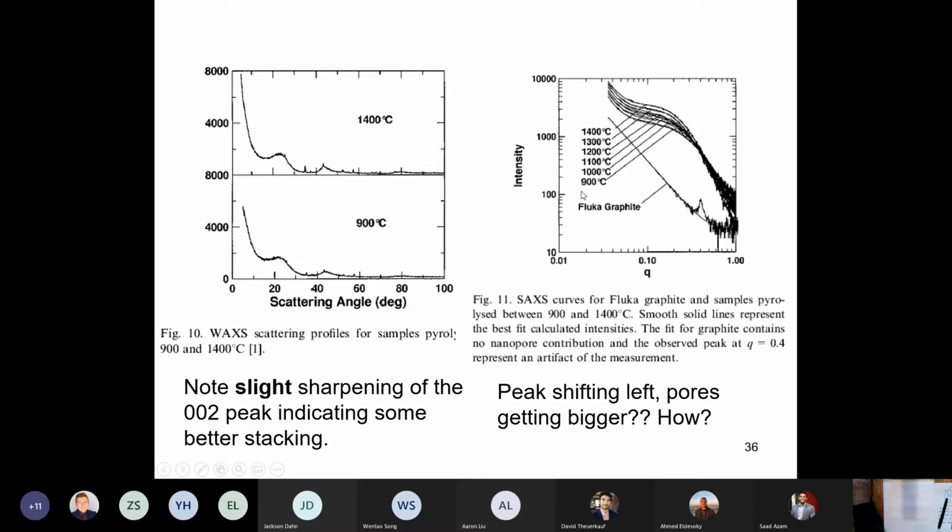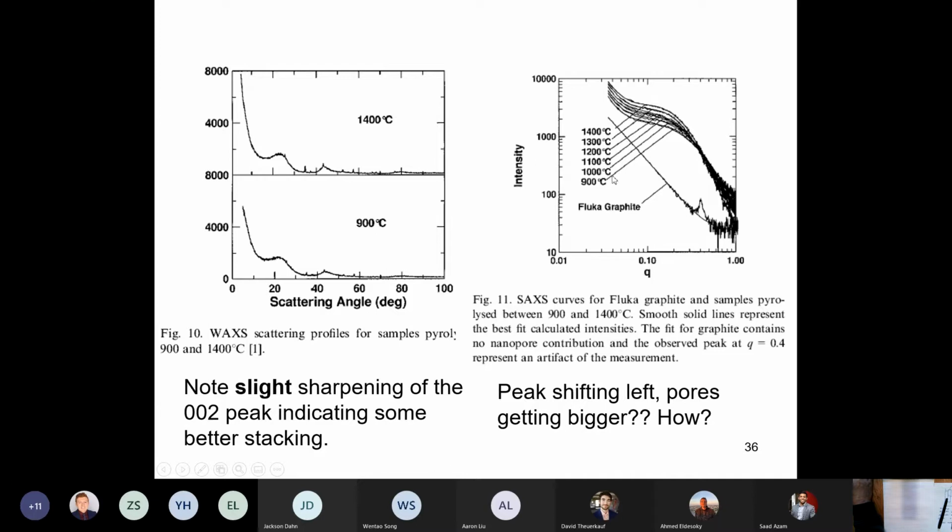Now, if you have samples that have internal porosity, then you get a hump like this. The position of the hump tells you about the characteristic size of the pores, and the further the hump is to the right, the smaller the pores are. You can see that as you heat from 900 to 1400, this hump shifts to the left, which means the pores are getting bigger.